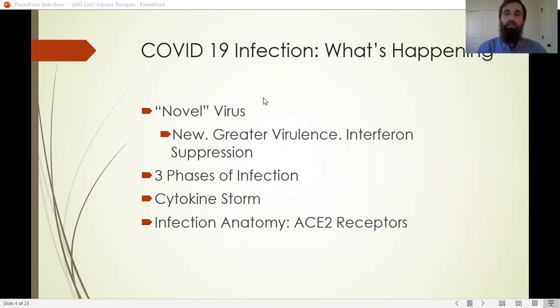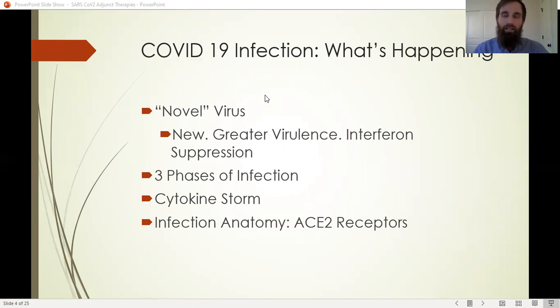So phase 1 would be not requiring any oxygen. Phase 2 would be need for supplemental oxygen, and phase 3 would be need for mechanical ventilation, being in the ICU, being intubated. We talked about the cytokine storm of your immune system is what is actually killing people. And the COVID infection is more of what's triggering that.